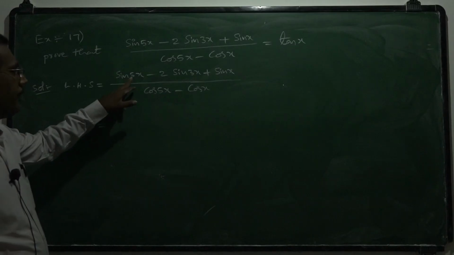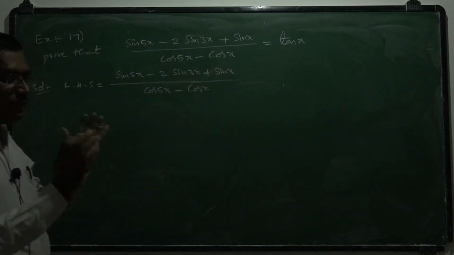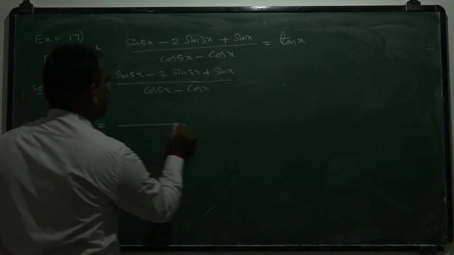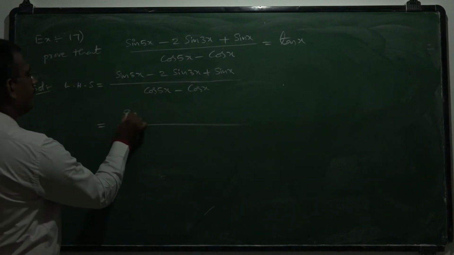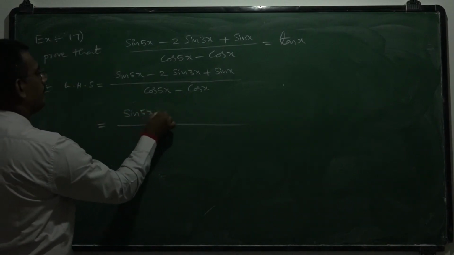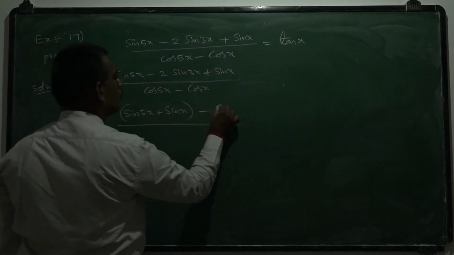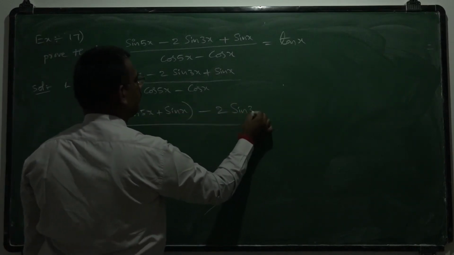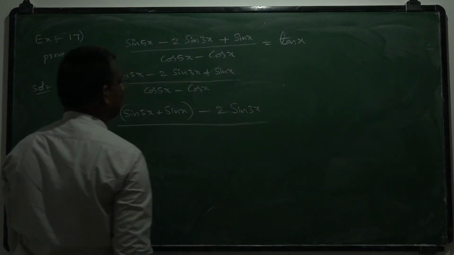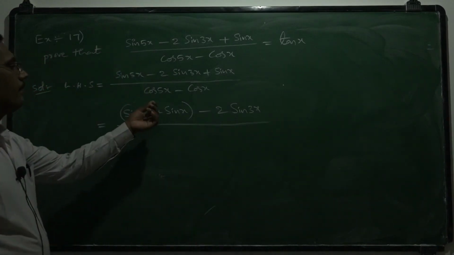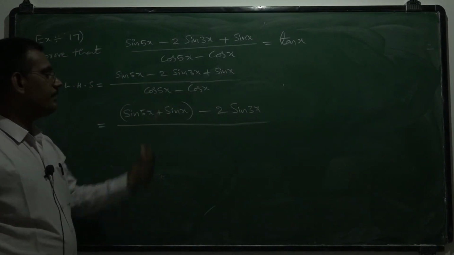I am going to write the first term and last term at one place, that is sin 5x plus sin x minus 2 sin 3x divided by cos 5x minus cos x.